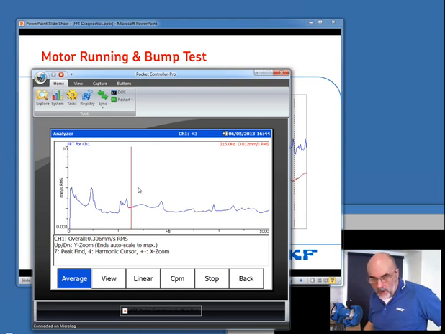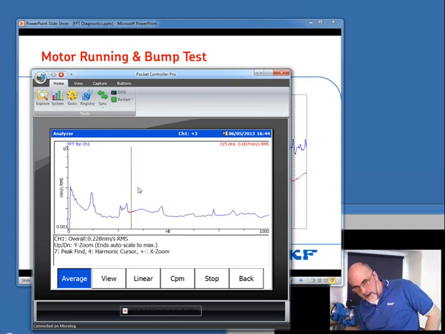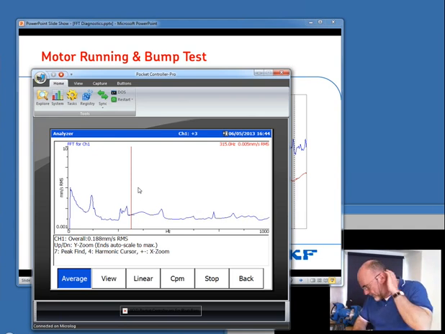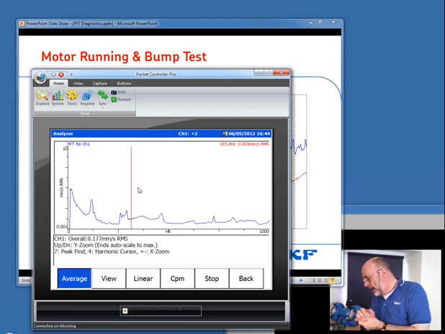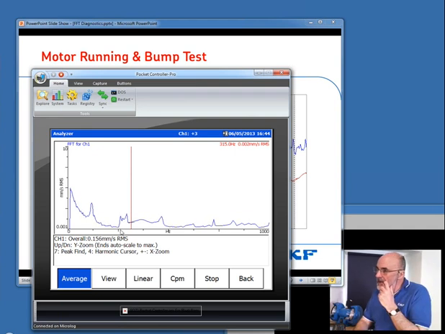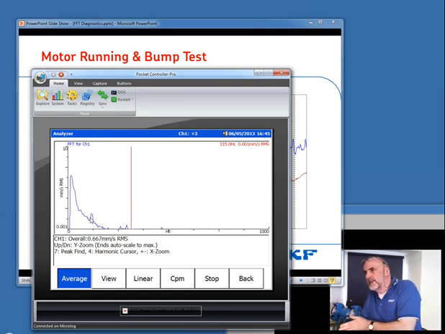Usually the guard that goes over the fan, or belt guards that go over fan drive belts. They're the usual culprits that you would hit first. And the trouble starts when these frequencies coincide in Europe with 50 or integer multiples of 50, or in the USA 60 and integer multiples of 60.